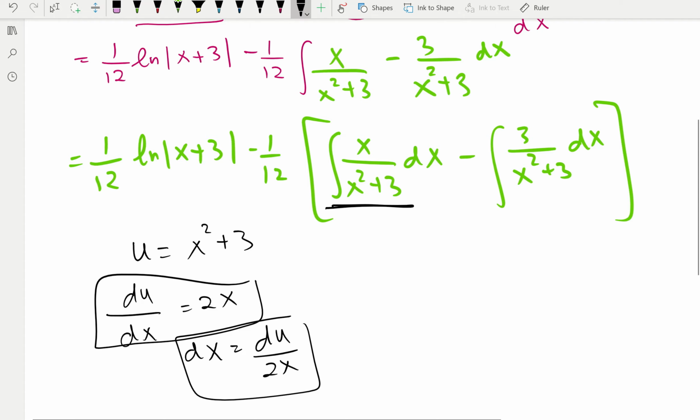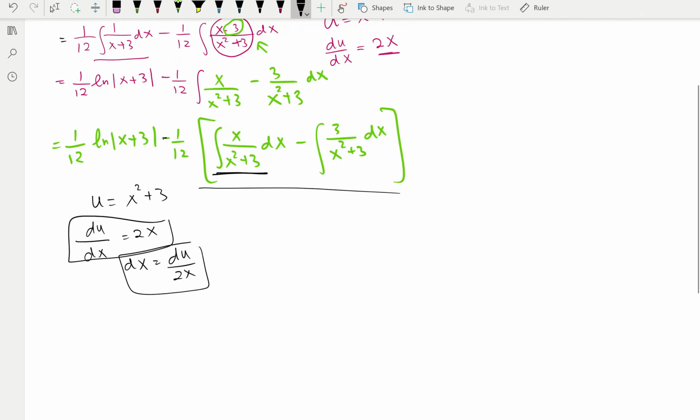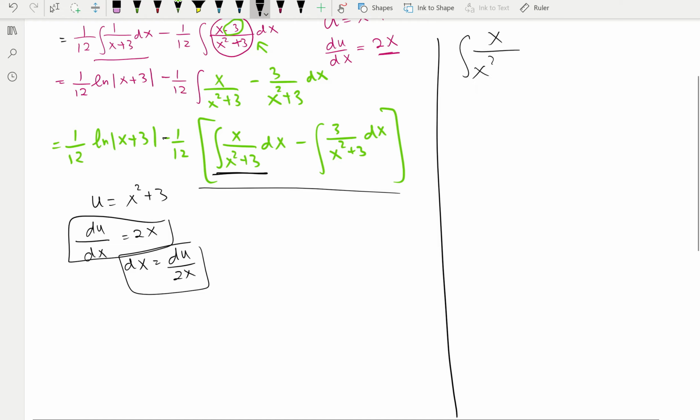So let's use that. I'm only going to do this part. I'm running out of space, so let's do it here. How to integrate x over x square plus 3? We use integration by substitution. So x square plus 3 is u, dx is du over 2x, and x cancels out.